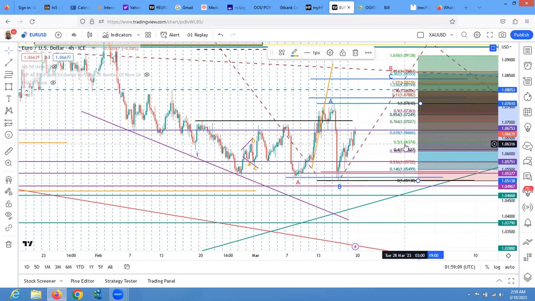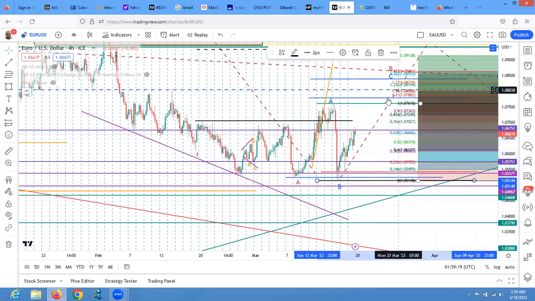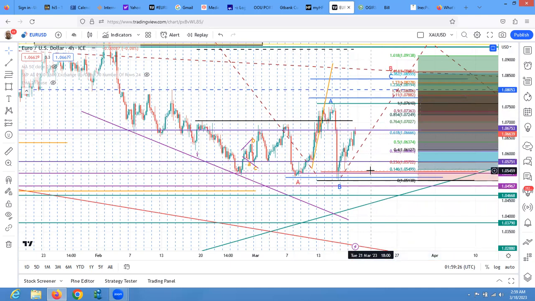We have broken 50, we have broken 61.8, and price then reacted there. So we are still going up. So this is 70. So now, if I look at all of this, this is 76.